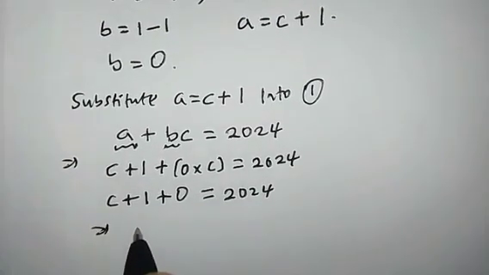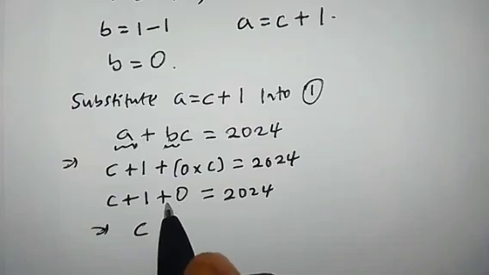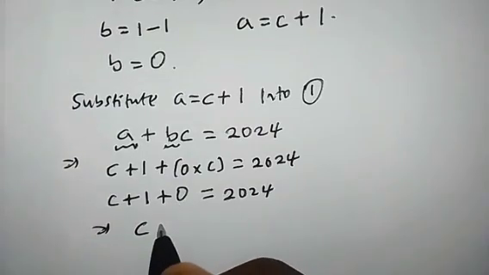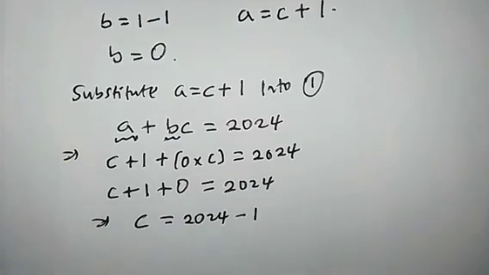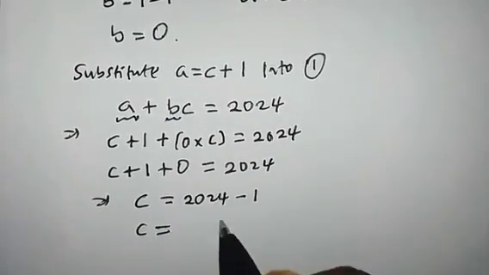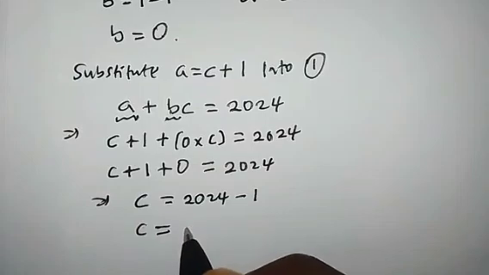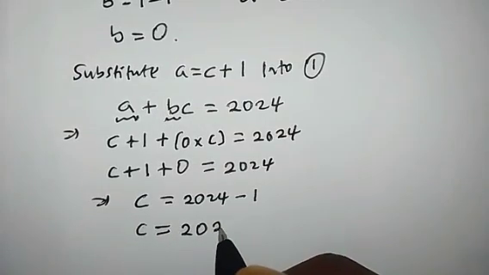This means that we have C plus 1 plus 0, that is 1. If we move that 1 to the right hand side, we simply have 2024 minus 1. C equals 2024 minus 1, that is 2023.